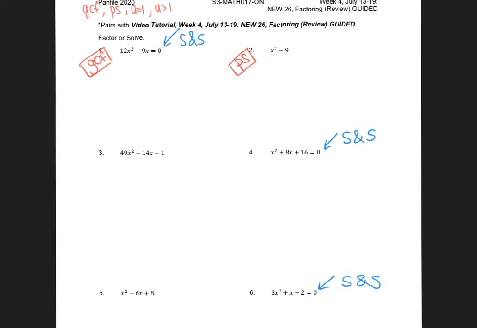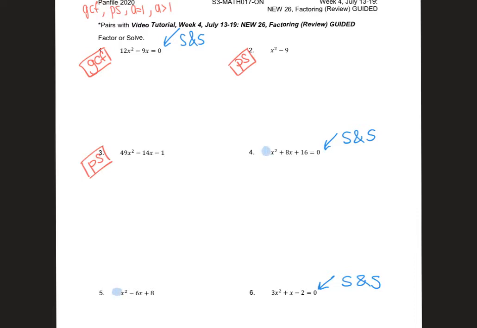Number 3, you have 3 numbers, but you have 49 and 1. Most likely this will be a perfect square. If not, it's going to be a grouping, but with a number like 49, you hope that it's a perfect square.